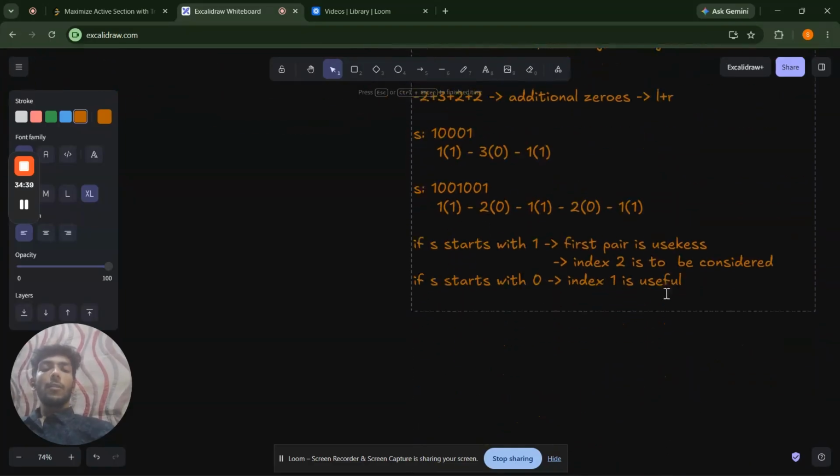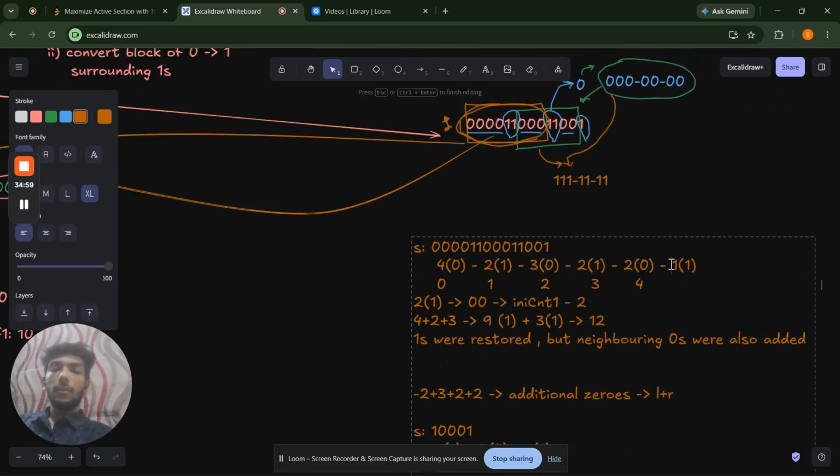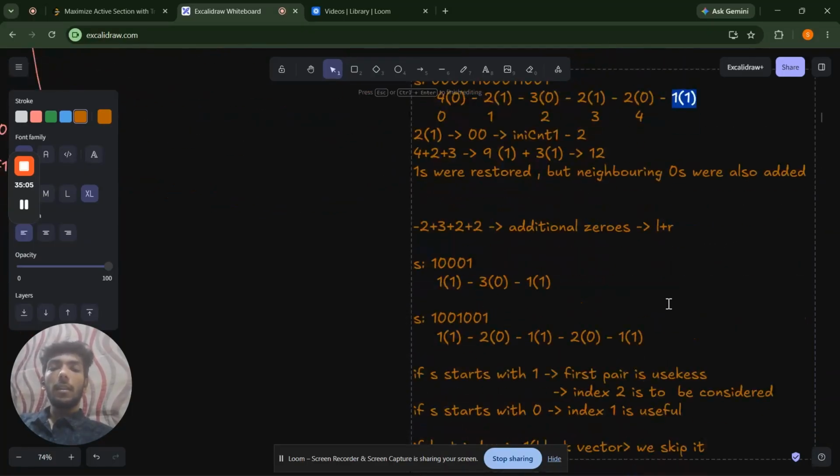And we also do not want it if the last index is 1. In the block vector, we skip it, because in this case you can see the last block is 1, it is of no use because of its right disability. Same in this case, no right 0, no right 0.